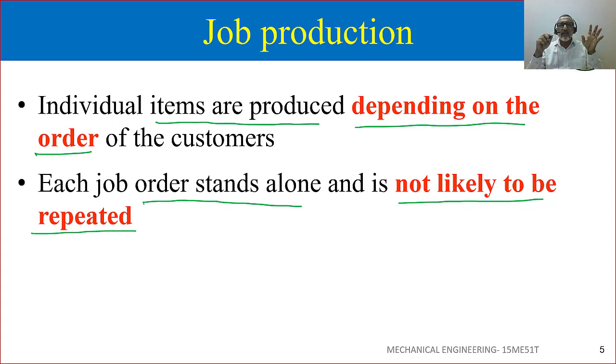For example, you go to a nearby workshop and want grills for the windows of your house. You will require a particular design. Maybe you want your alphabets also included in the grill. Another person may go for a different design, different sizes, different shape. So the same thing may not be repeated.